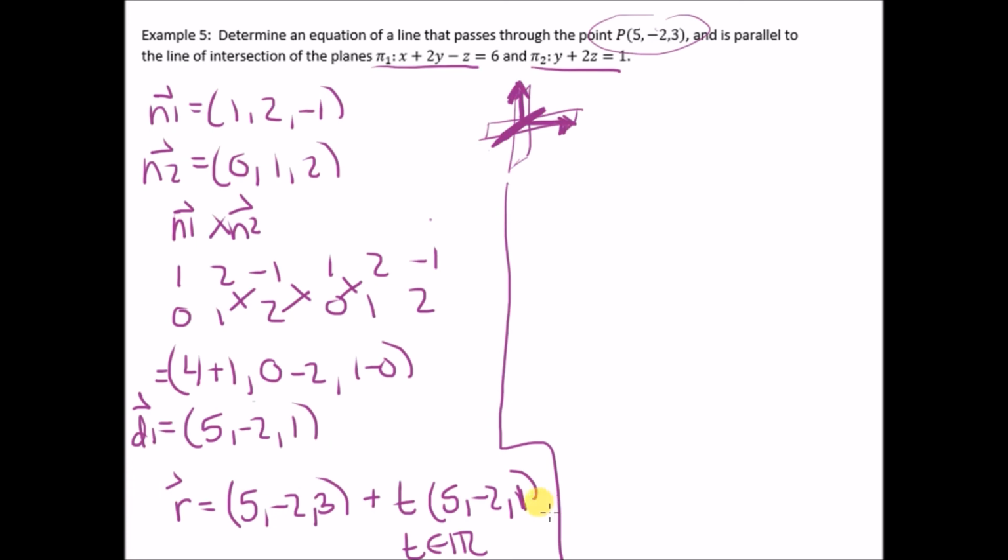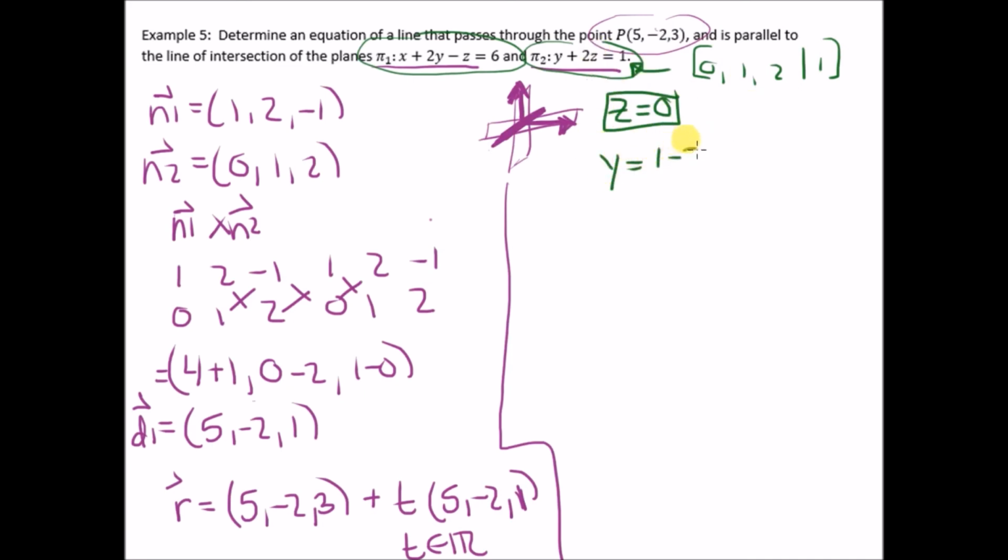I'm going to show you another method to do this. Another method of solving this is to simply find the parametric equations of the line of intersection of these two planes. So starting from this, we know that we can sub in z equals t, because remember in the last line of this matrix, it's going to be 0, 1, 2, 1. Then we can solve for y. y equals 1 minus 2t.